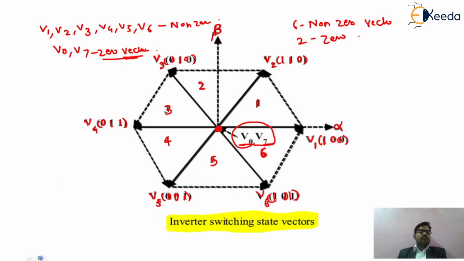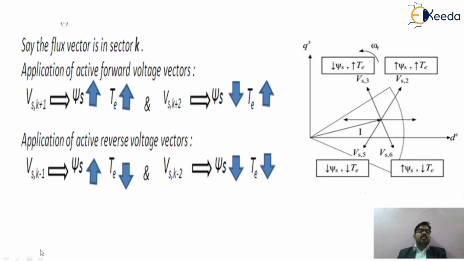Now we are moving towards a very important concept: what will be the result of the change in flux and torque in concern with that particular quantity. First of all, we consider the flux vector in sector K. The flux vector is in sector K, so we can get its representation by means of the direct and quadrature axis components.